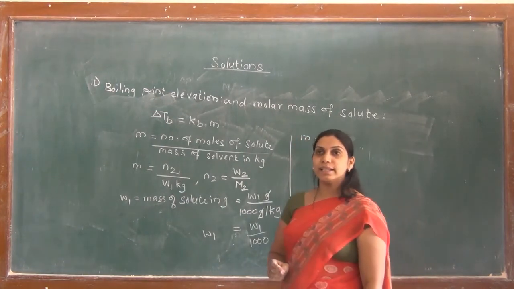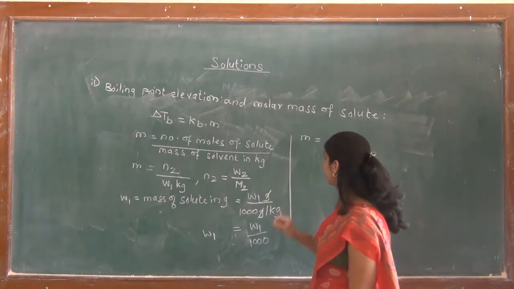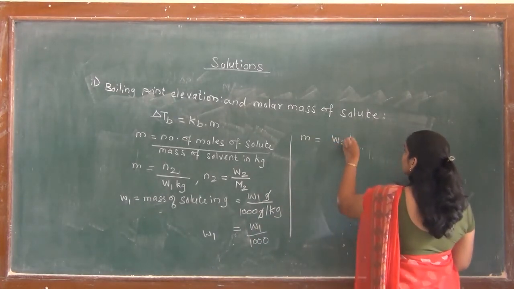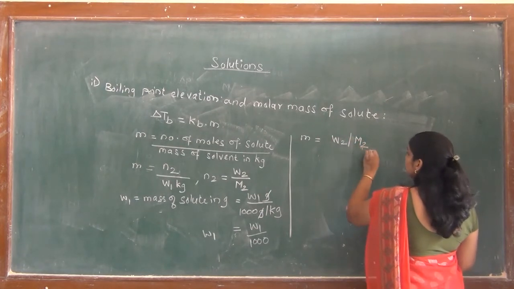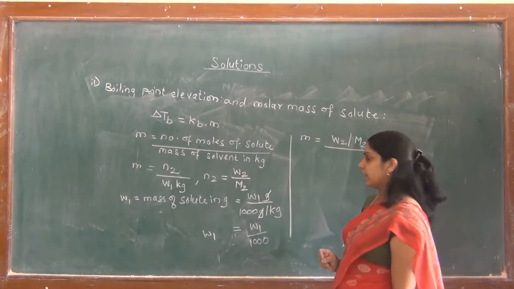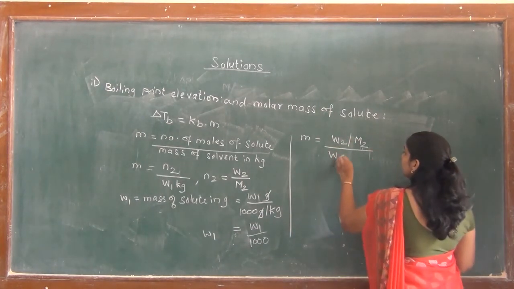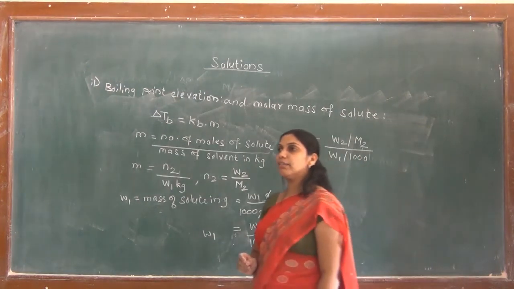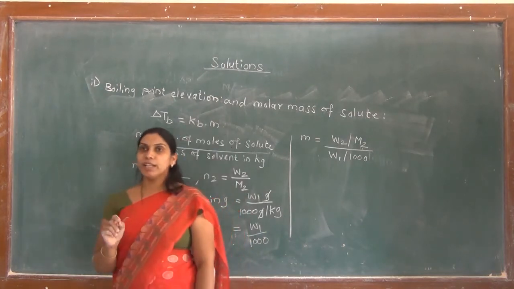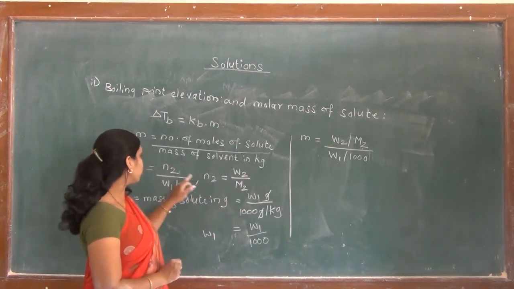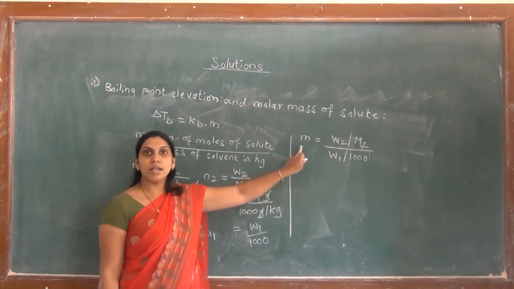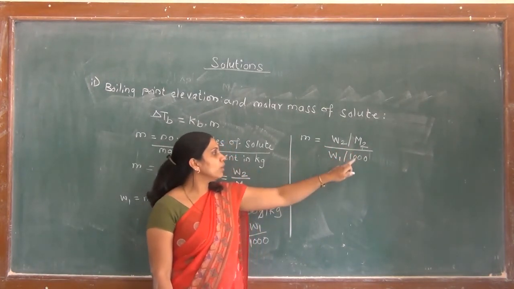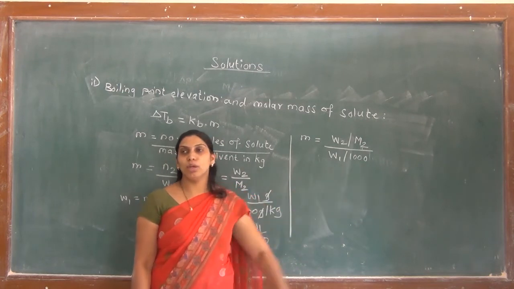Now we will put the values of n2 and W1 in the equation of molarity. So for molarity, the new formula obtained is small m is equal to W2 divided by M2 whole divided by W1 upon 1000.